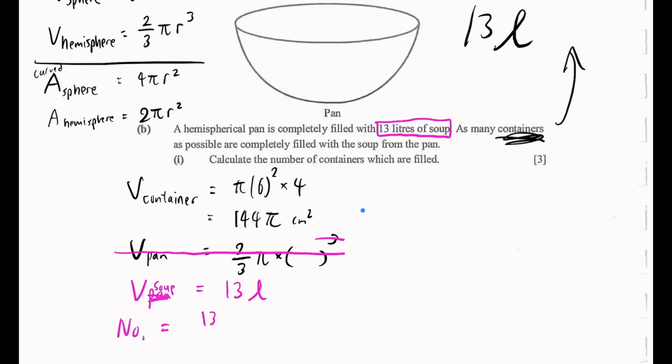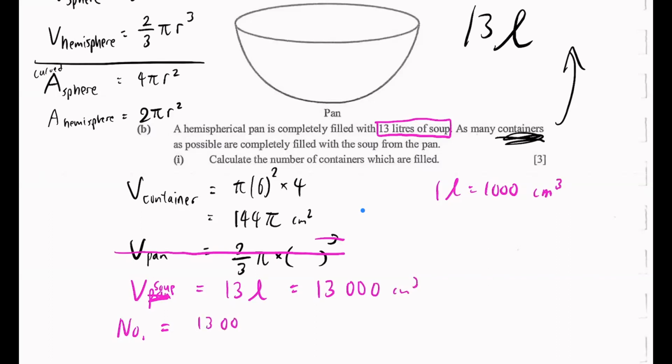Oh wait, no, forget density. 13 liters is by definition the same as 13,000 cm cubed, since 1 liter is 1000 cm cubed by definition. Don't need the density.